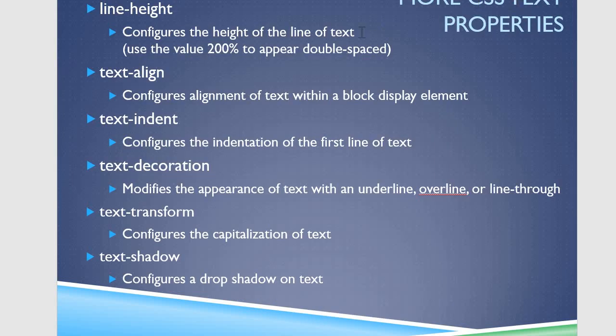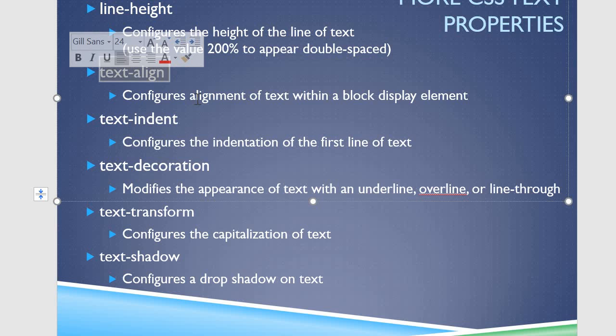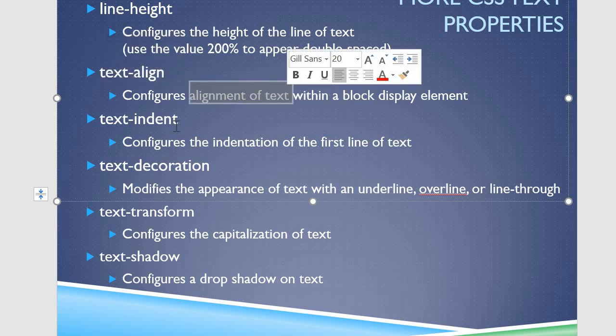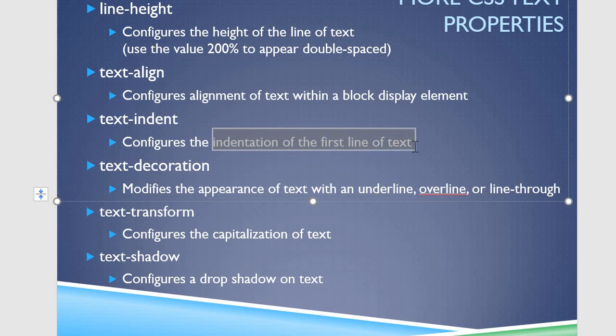Then you can see some other text properties. Line height, the height of the line of text. Text align, alignment of the text. Text indent, indentation of the first line of the text.